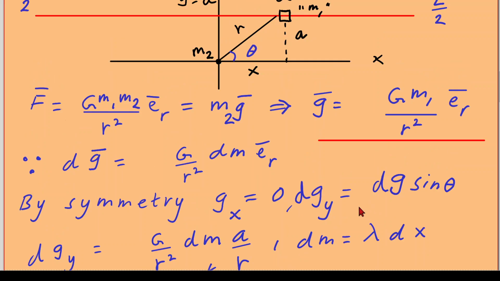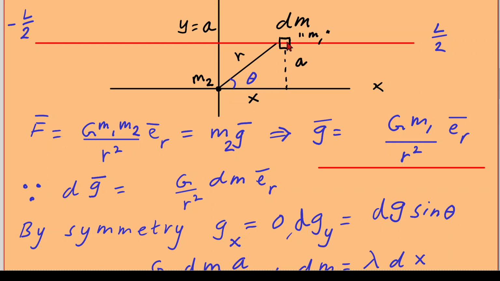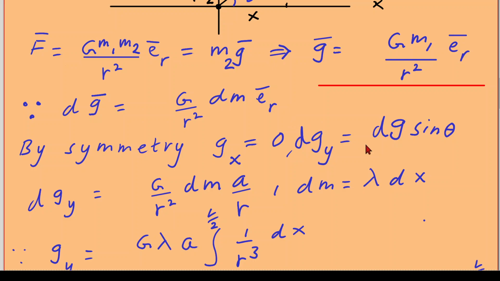So for this infinitesimal element, you have a certain length, let's call that dg. The length is actually G over r squared dm. But we focus on the y direction, so it's the length, and the y direction then is sine theta. And dg is this one.